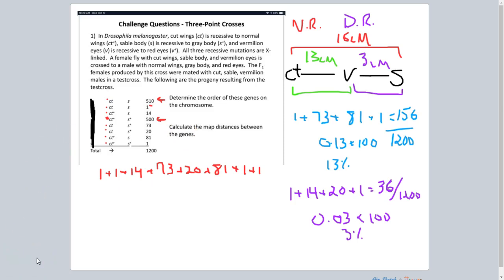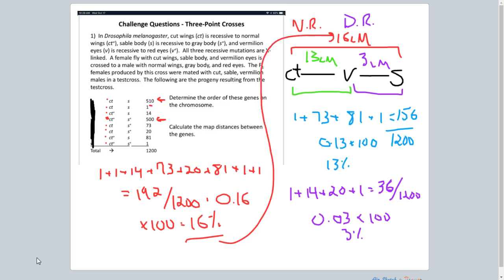And we get 192 total recombination events between CT and S in all of these progeny. We divide that by the total, and that gives us a value of 0.16, which times 100 gives us 16% recombination, or 16 centimorgans, exactly what we predicted, and we know that our map is 100% correct.